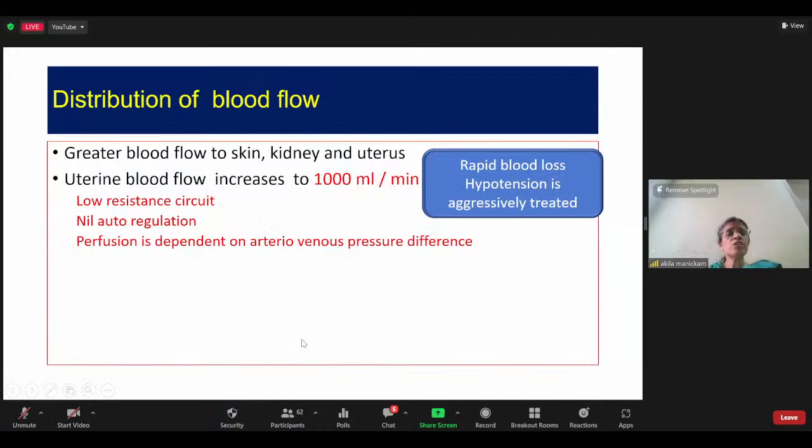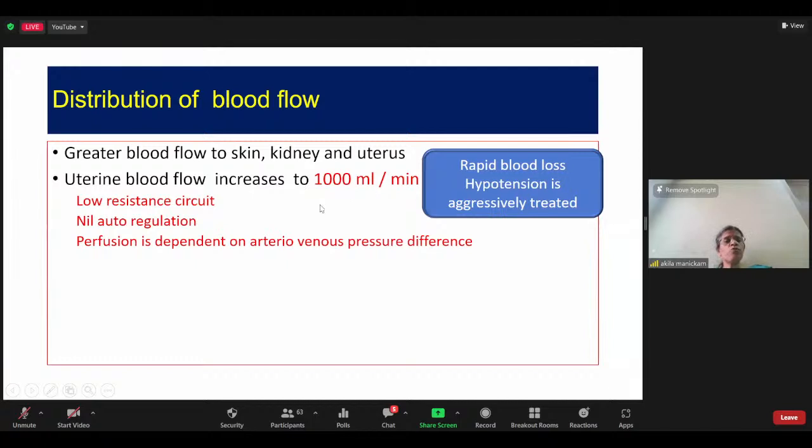And when you look at the distribution of blood flow, though there is an increase in cardiac output and blood volume, is the blood flow uniformly increased to all organs? There is greater blood flow only to the skin, kidney, and the uterus. Normally uterine blood flow is only around 80 to 90 ml per minute, whereas in a term uterus the blood flow is around 1000 ml per minute.